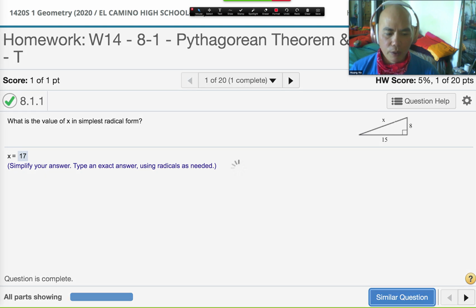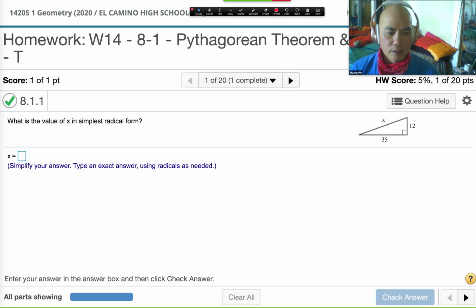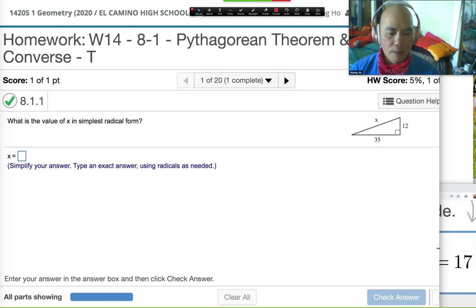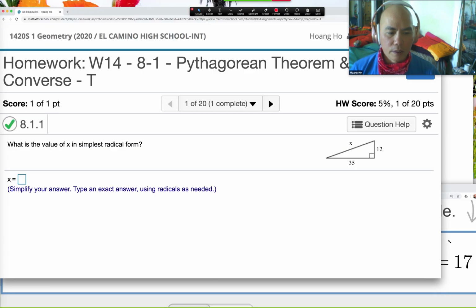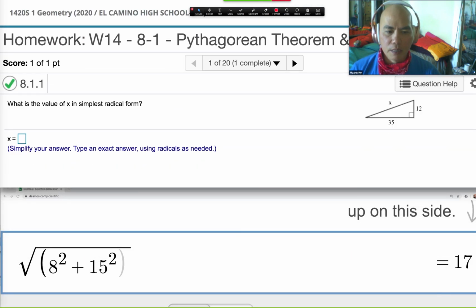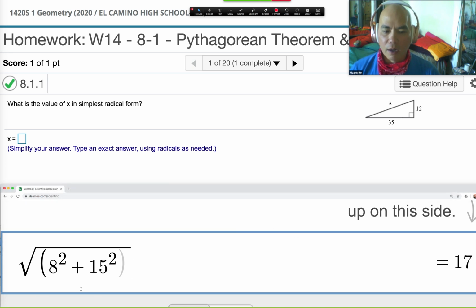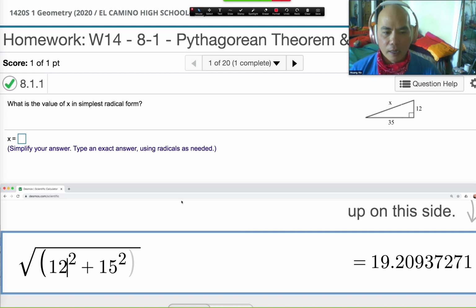If I want to do another similar one, all I need to do is go back to my decimal calculator and change the value. Instead of A, I change to 12, and instead of 15, I change to 35.